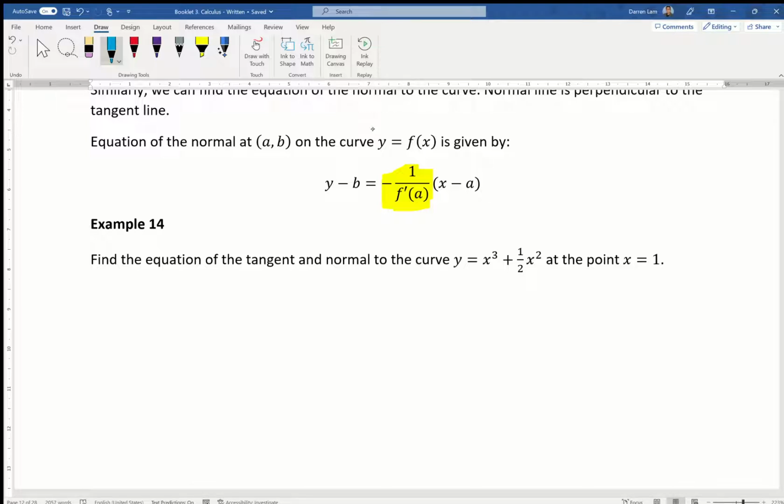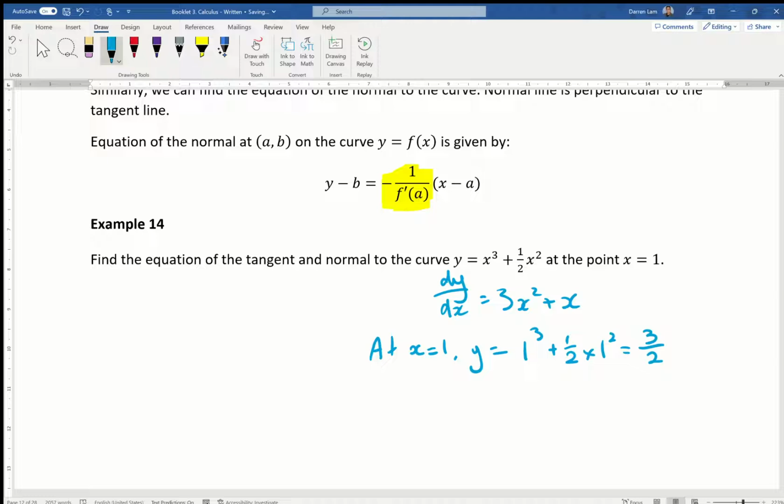So dy/dx equals 3x squared plus x. And then I'm going to prioritize finding the y value at x equals 1. So I should say at x equals 1, y equals 1 cubed plus half times 1 squared, which is just going to equal 1.5 or 3 over 2.